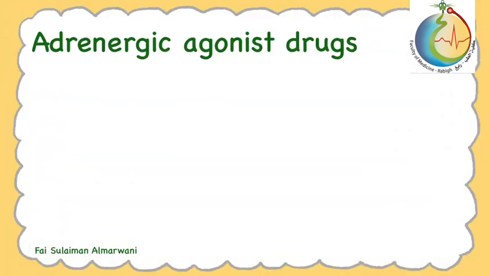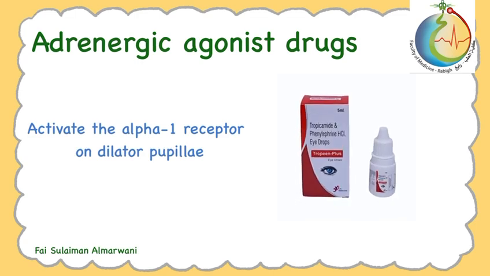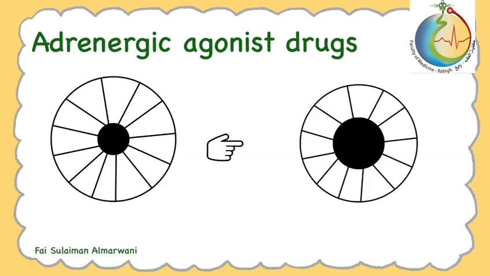The adrenergic drugs act on alpha-1 receptors in the dilator pupillae. So the adrenergic agonists, like phenylephrine, activate the alpha-1 receptors in the dilator pupillae, causing it to contract and produce active mydriasis.